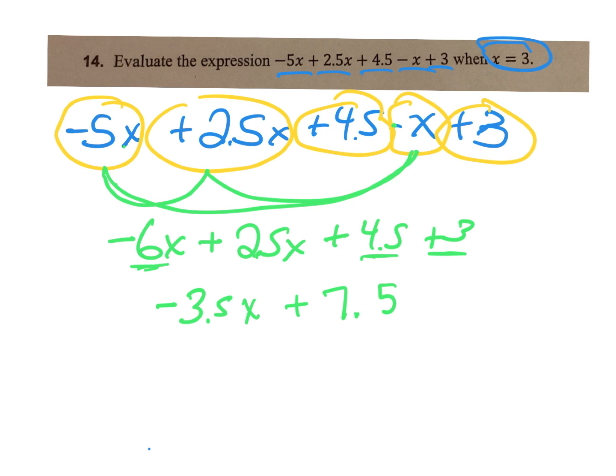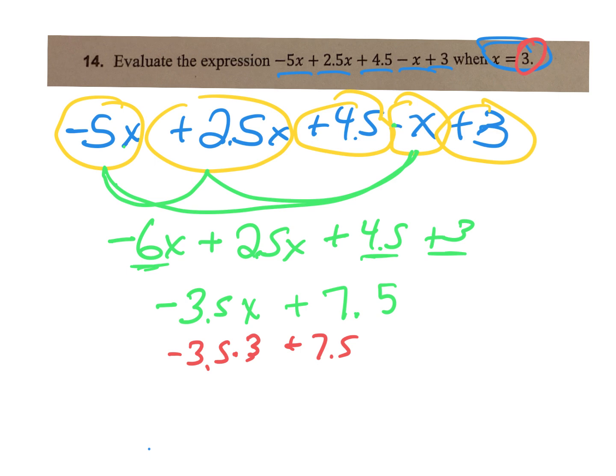Now I got to put in my 3, which is what x is. So it's negative 3.5 times 3 plus 7.5. Now let's do our multiplication first.